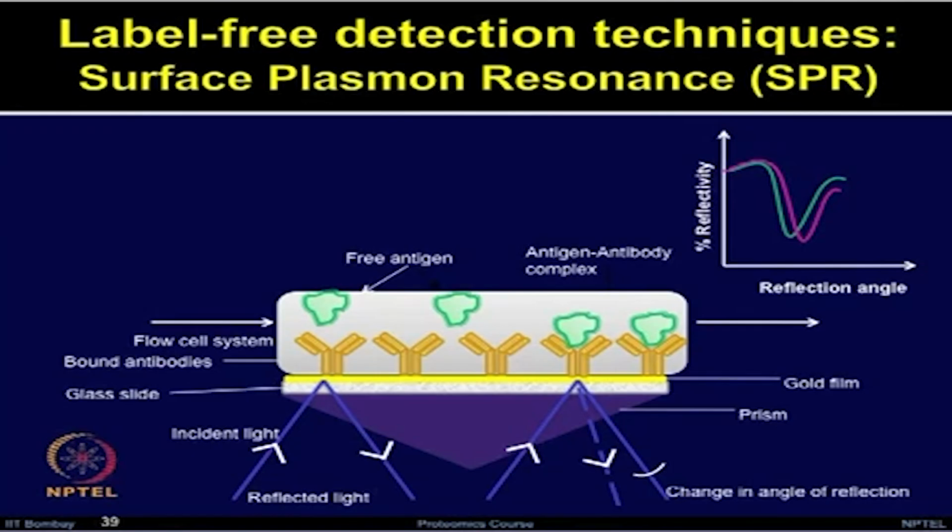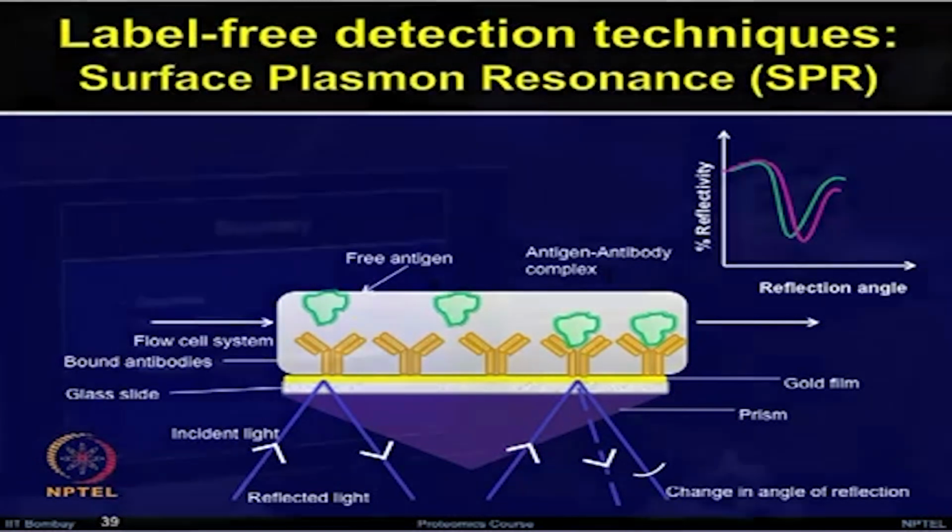The various techniques such as SPR, SPR imaging, ellipsometry, interferometry, etc., are commonly used for label-free detection systems. Shown here in the slide is the surface plasmon resonance method, which detects any change in the refractive index of the medium at the interface between the metal surface and ambient medium.